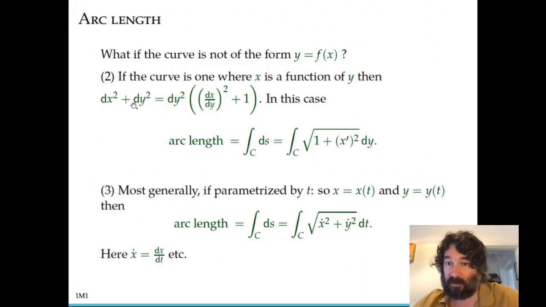Really, it's like the previous case with the differential forms. And we get that the ds becomes the square root of x prime squared plus y prime squared dt. Here this x prime, or x dot, is the derivative of x with respect to t. So we can do these integrals with respect to arc length as long as we've parameterized the curve. We just have to know how to calculate ds, the arc length form.